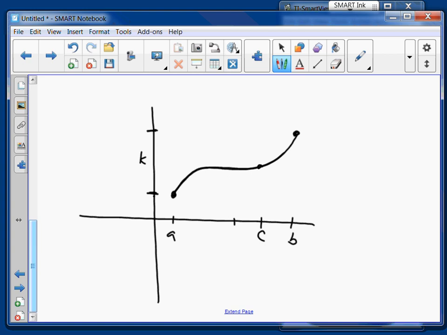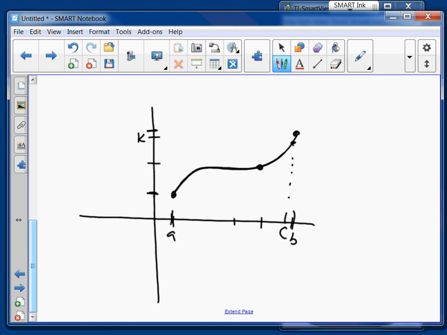So if we picked K to be up here, we come over, across, and down, there's C. There must exist a C between A and B so that f of C equals K.